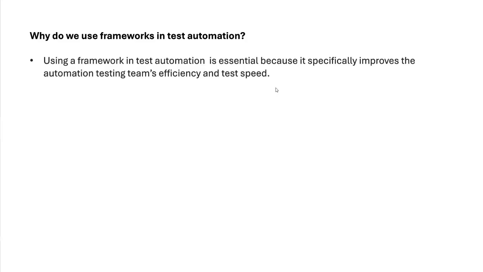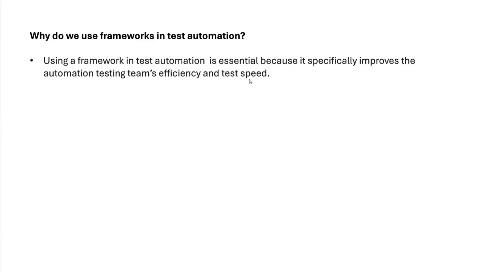So why do we use these frameworks basically? Using a framework in automation is essential because it improves the automation testing team's efficiency and test speed. What happens is, if you are working on a specific kit, and another QA also wants to write his or her script, then you need certain rules to be followed in the same project.